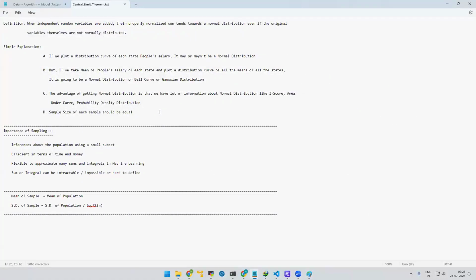Why are we so concerned about the normal distribution, the bell curve? Because statistics assumes the data is in a normal distribution, like Z score, area under the curve, probability density distribution. These are all statistical methods that assume the data is normally distributed.